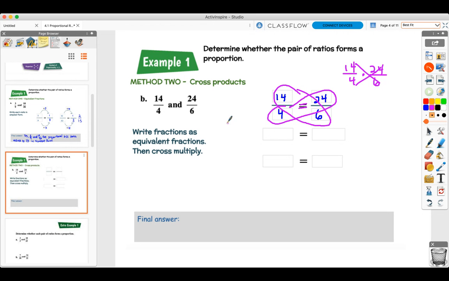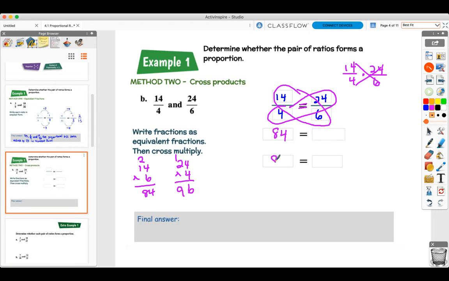So 14 times 6, if you're not sure, work it out. Avoid the calculator as much as possible. That's going to be 84. 24 times 4: 4 times 4 is 16, carry the 1, 4 times 2 is 8, plus 1 is 9, so 96.